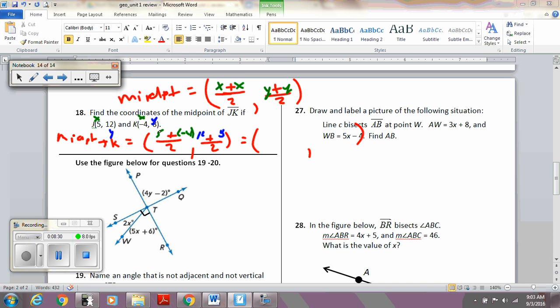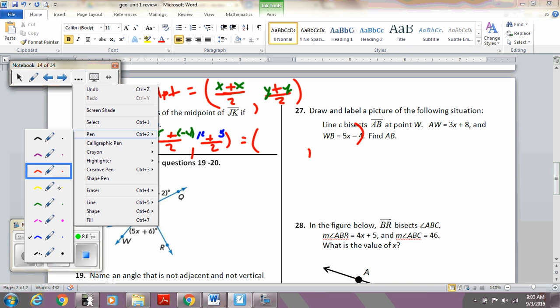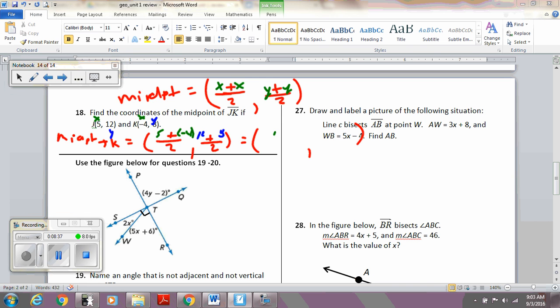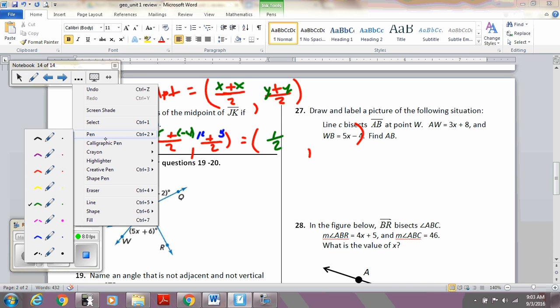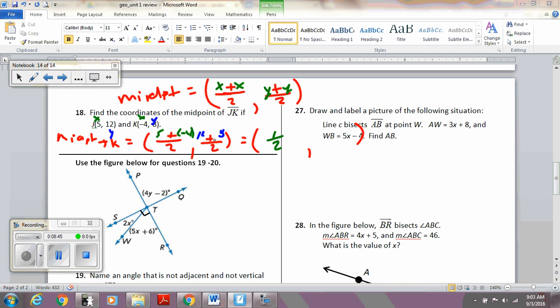So 5 plus -4 is a positive 1. So you have 1 over 2. And then 12 plus 5. I believe that's a 5. Let me double check.